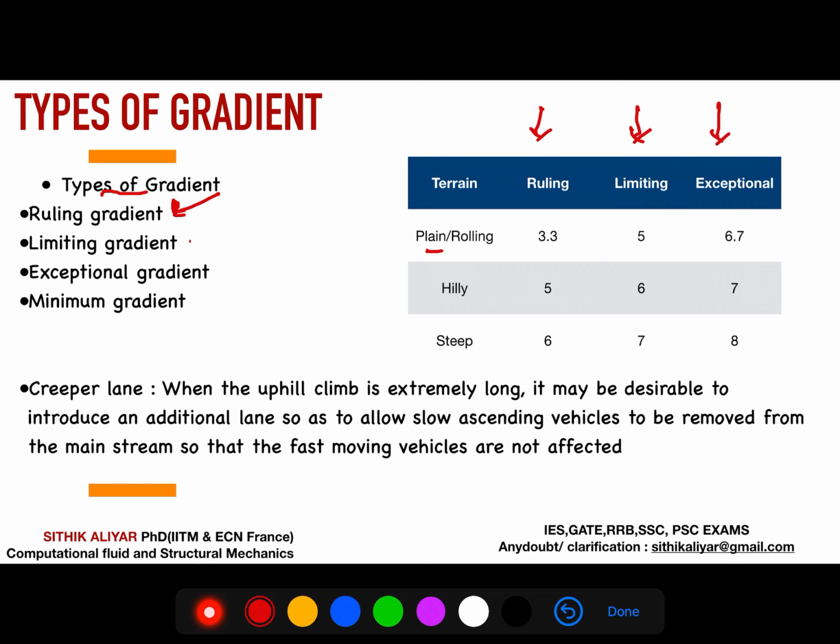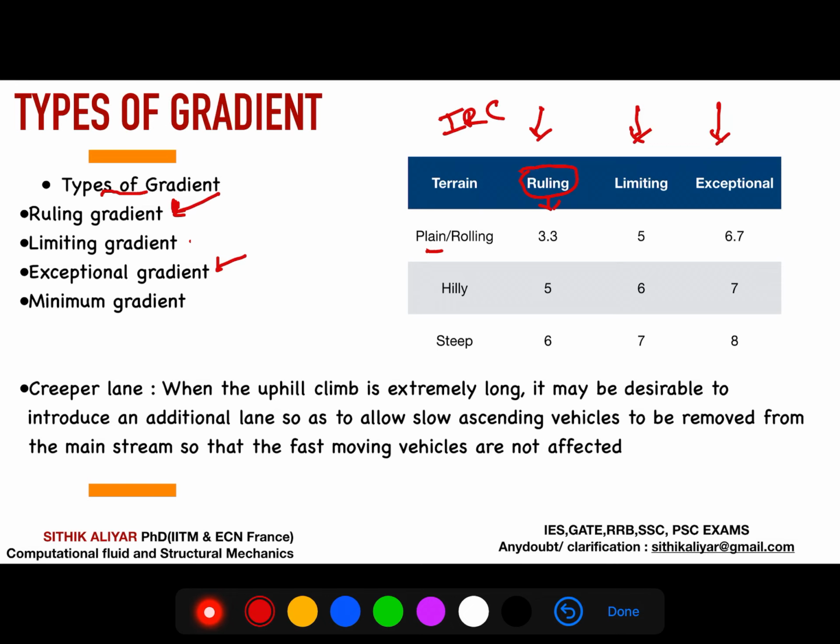In some exceptional cases, where providing such highway roads will result in an increased amount of cost, we can even go for exceptional gradients, which are given in the third column in the table. This is the IRC recommended gradients table. So ruling is mostly the design gradient, which is what you have to provide.